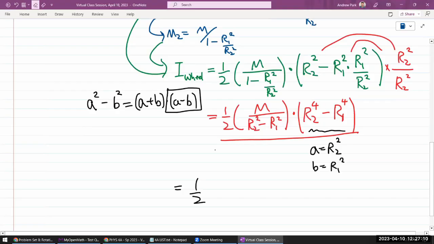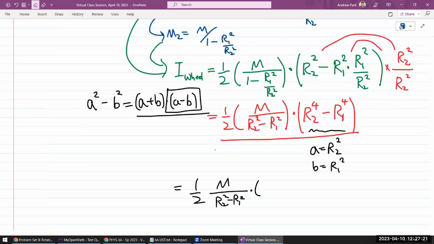I have 1/2, the one in the front that doesn't change, times, now this expression factored out using this factoring formula, r2 squared plus r1 squared times r2 squared minus r1 squared.